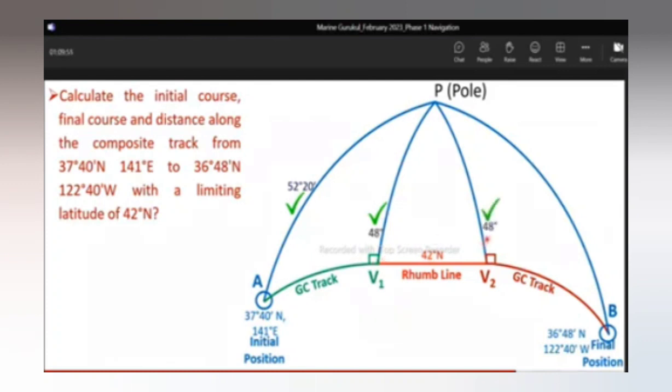Likewise PV2 is also 48 degrees. Now PB would be the colat of B, and value is 53 degrees 12 minutes. The longitude of A and B give us this angle at the pole, which is the d long between A and B, and this value is 96 degrees 20 minutes.